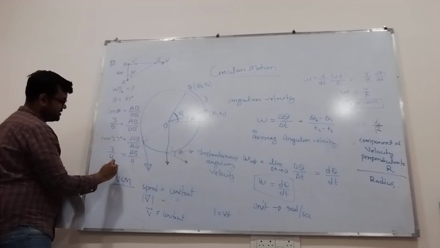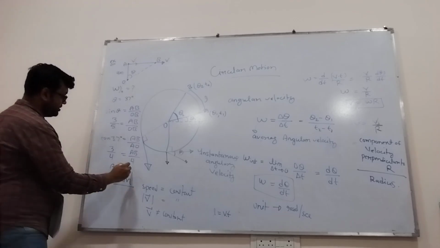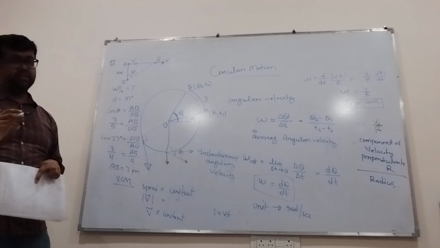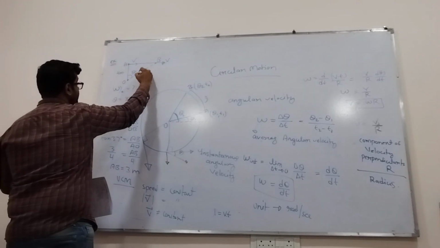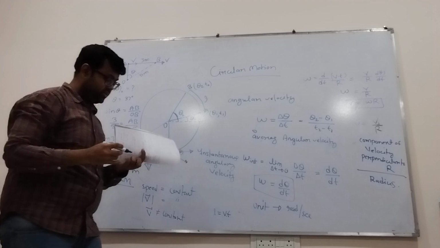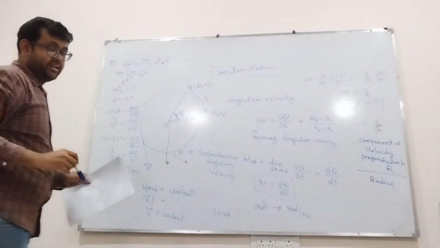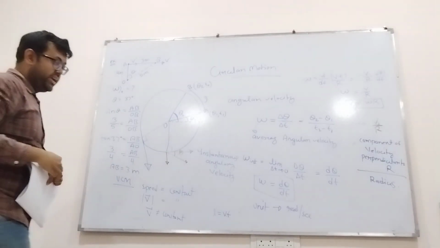So AB will come out as 3 meter. And from the Pythagoras, OB will be nothing but 5 meter. So when the object is at A, what was the angular velocity?